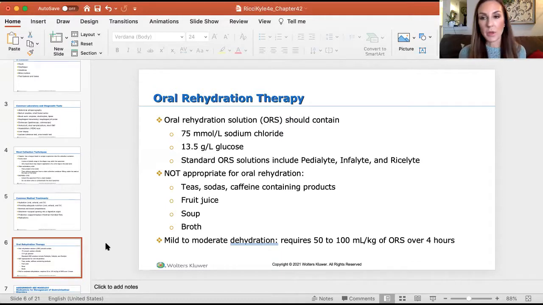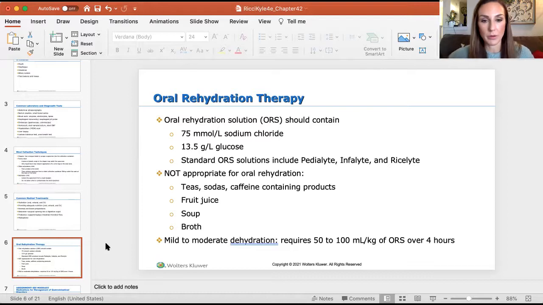Basically, the number one thing that we can use is Pedialyte or Infalyte. For that, we do not want to dilute the formula. We want to make sure that we are teaching and educating that we are not diluting any of that. It's not going to do any good for the child. We're just going to give more of the standard dose for formula, and then recommended Pedialyte.